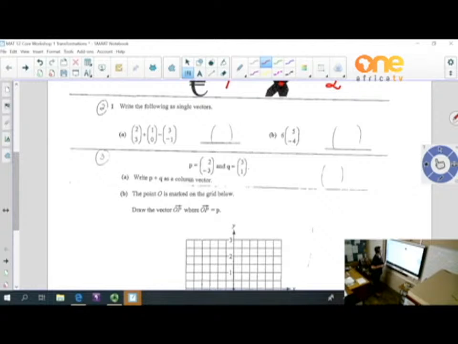Question 2. Write the following as a single vector. So now we're looking at column vectors, and you will remember we said this is x, y. We can add and subtract them, and then you work with x and x and y and y. So 2 plus 1 minus 3 is 0. 3 plus 0 minus 1 is 2.